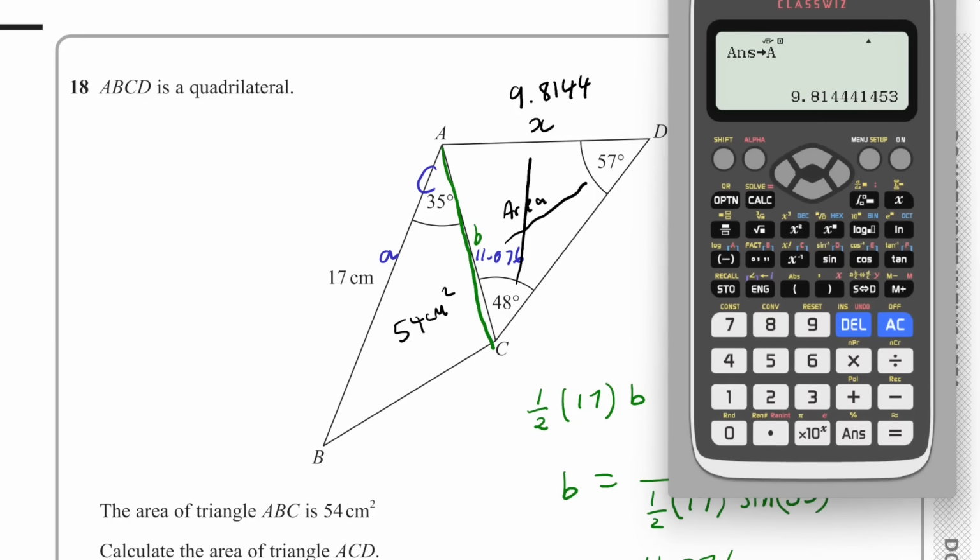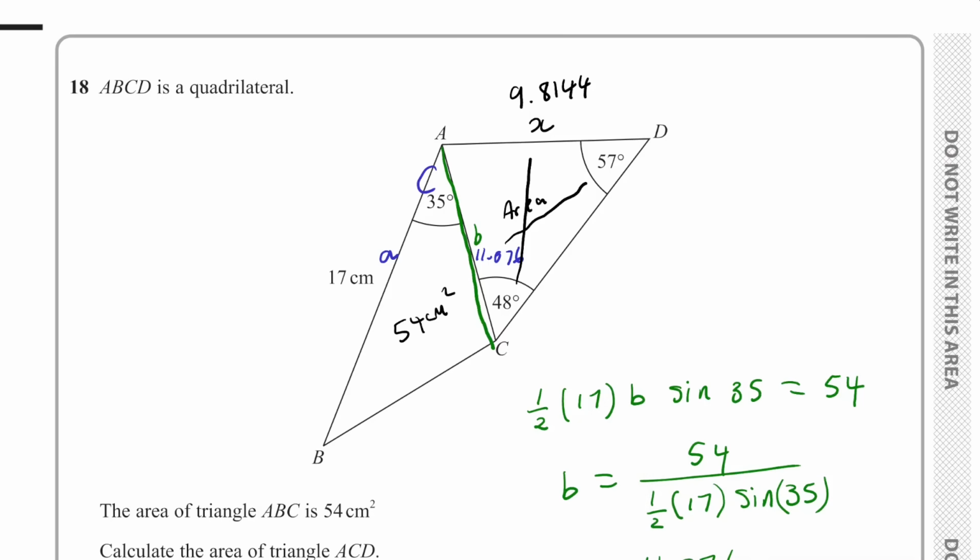I should have saved these in the calculator. Let's store that one as A. Go back and store that one as B. So I've got these saved as A and B now. For the area of a triangle, half ab sine C, we need the angle and two lengths next to it.